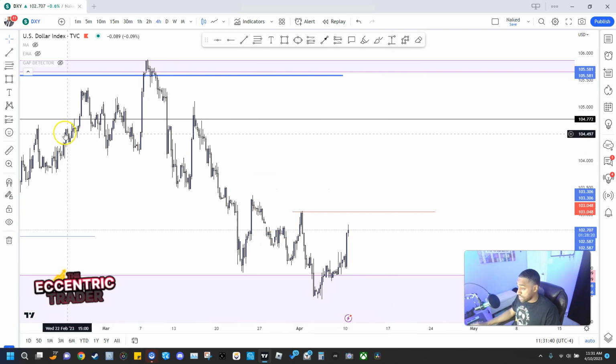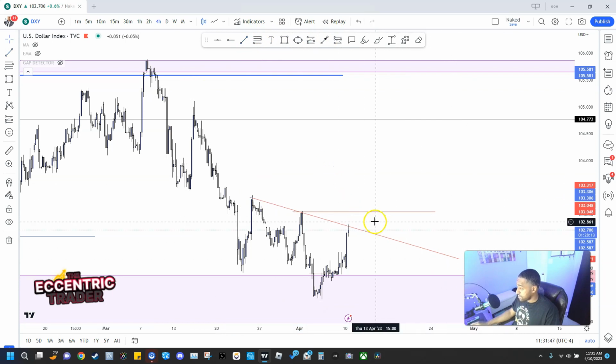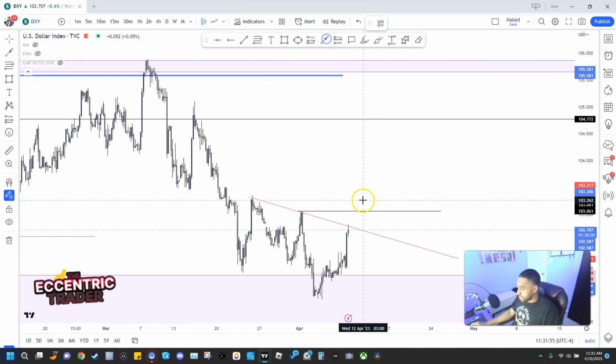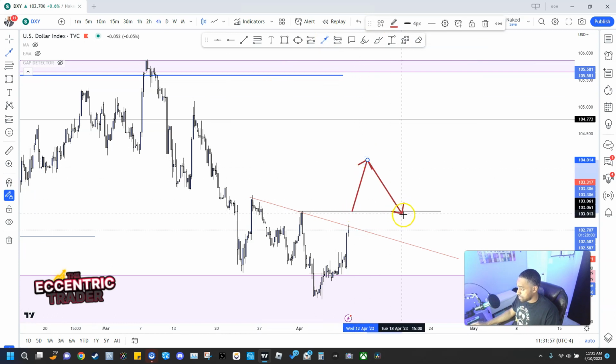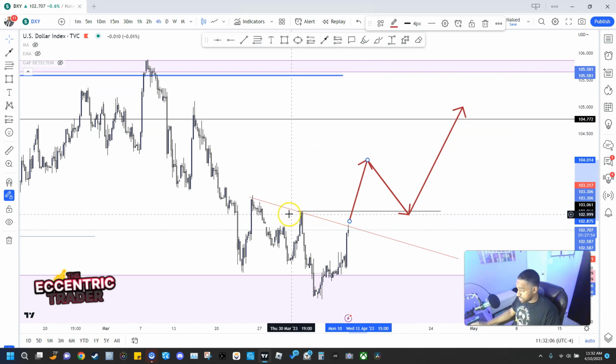Right now, this could essentially be a test of a trend line. Now for me to think it's going up, we got to be patient, right? So something like that. That's what you want to see as far as this trend line is concerned right here, right?